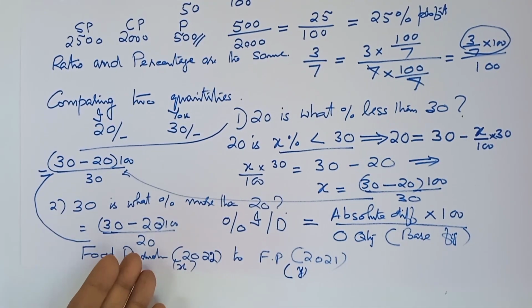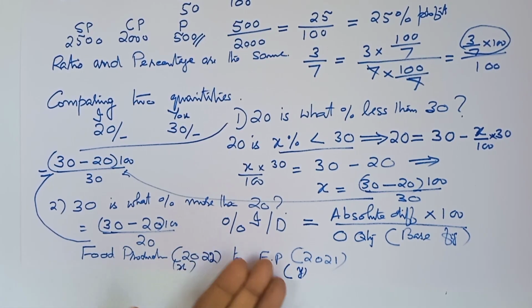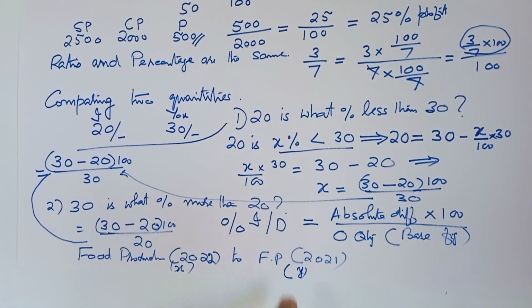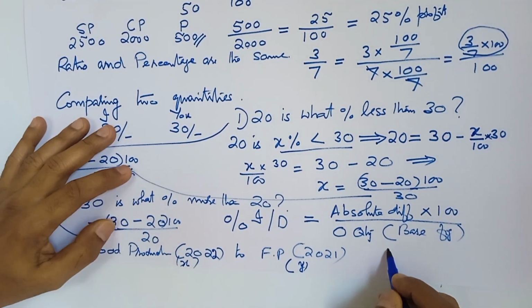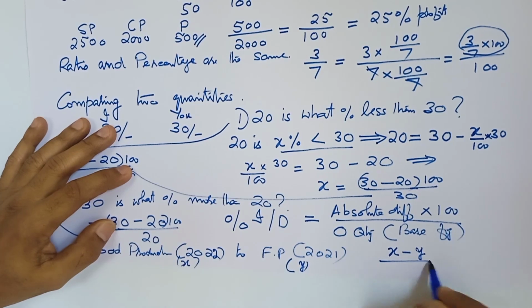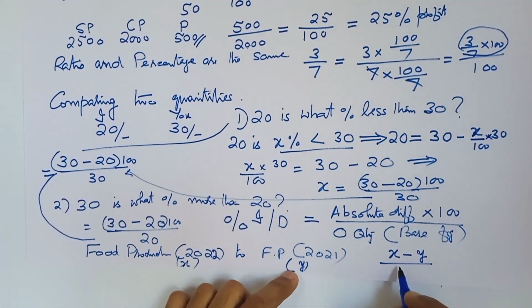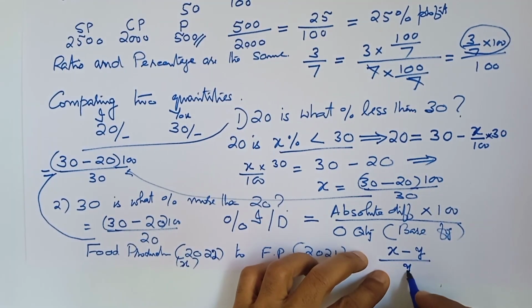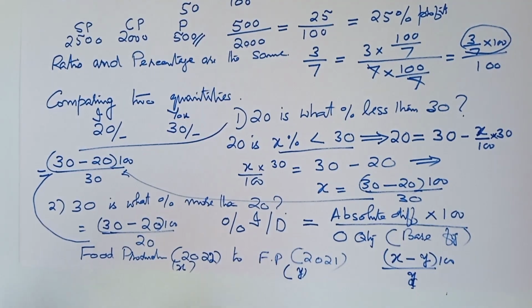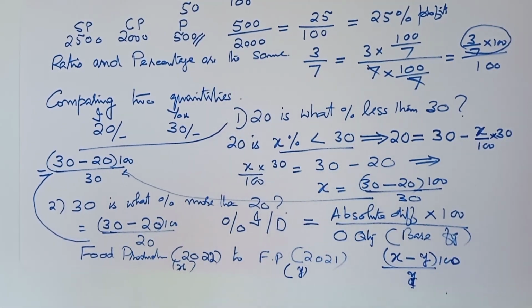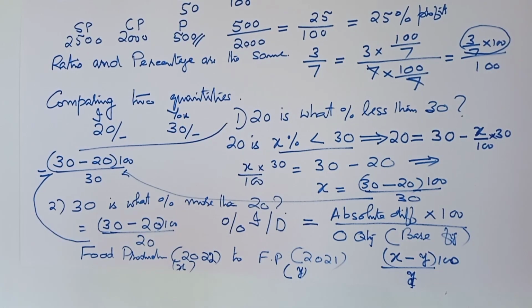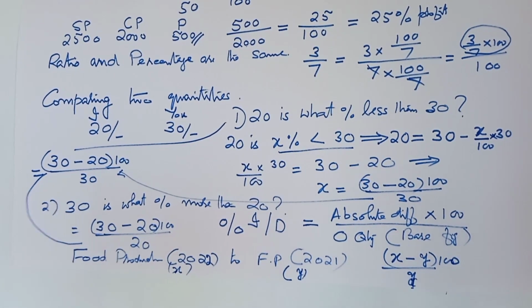Now how do you compare food production of India in 2022 to food production in 2021? See, the number to which comparison is made, that is the denominator. So whichever is higher, you take the absolute difference divided by Y. This is the base figure. And that is the answer to the question. That's how you compare any number to anything else. The number to which comparison is made is what we mean by base figure.